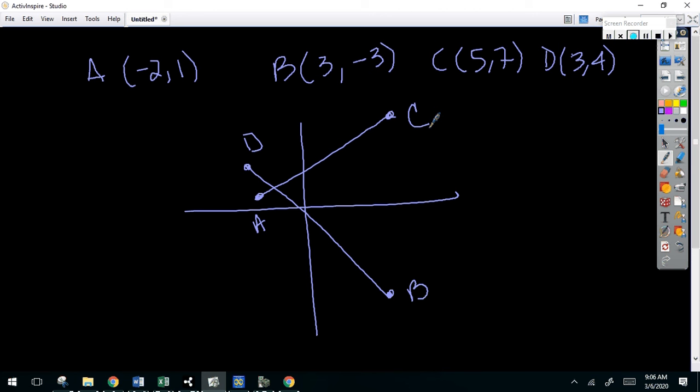How can I show algebraically? Algebraically, not the slopes. David, you're on it today. The slopes. To determine whether or not lines are parallel or perpendicular, and make a note of this, you have to show their slopes. Okay? Every time. That's the only way to show.